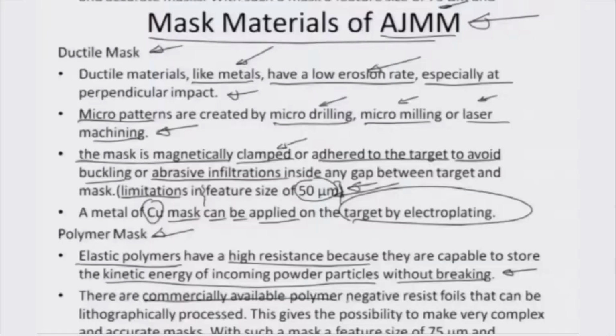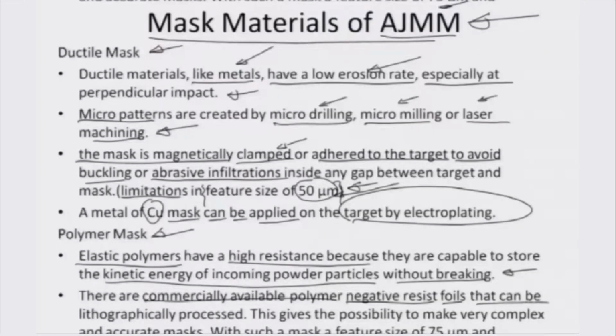So, if you have such a commercially available polymer negative resist, you can use that as a coating or a layer over the substrate that you want to machine using AJM, and then you pattern it in a conventional lithography way, so that you have vias created, where later on those vias can be exposed with the mask in place, resulting in the direct exposure of the substrate at particular areas.